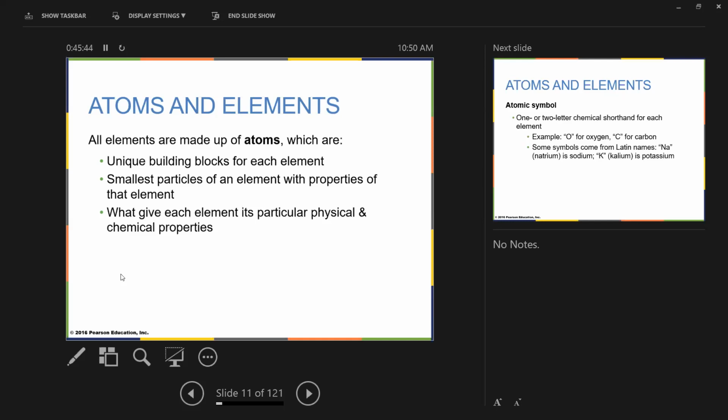So an atom of gold is still going to melt at the same temperature that gold does. It's going to solidify at the same temperature that gold does. It would vaporize at the same temperature that a block of gold does. An atom of carbon has all the properties of carbon. An atom of oxygen has all the properties of oxygen.